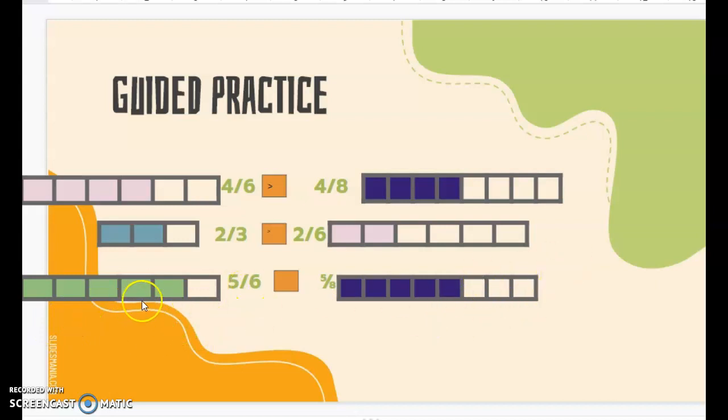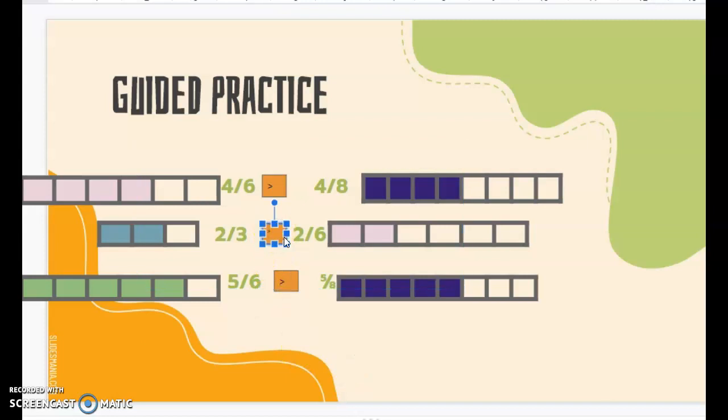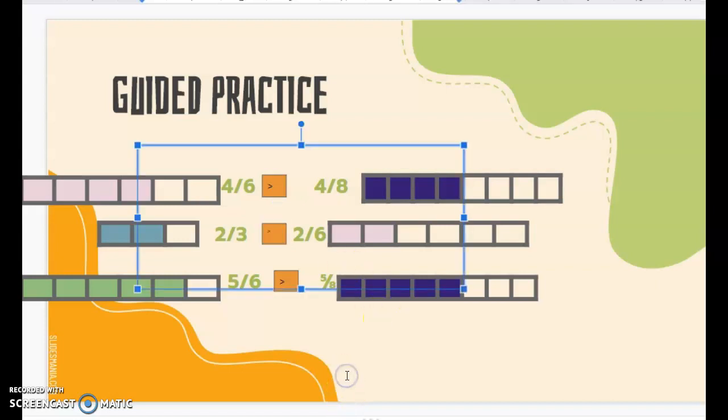And we also should be able to see that we only need one more to get to 1 whole for 5/6, whereas for 5/8 we have 3 more parts that we need to shade to get to 1 whole. So therefore, 5/6 is greater than 5/8. I was trying to make my arrow bigger on that one.